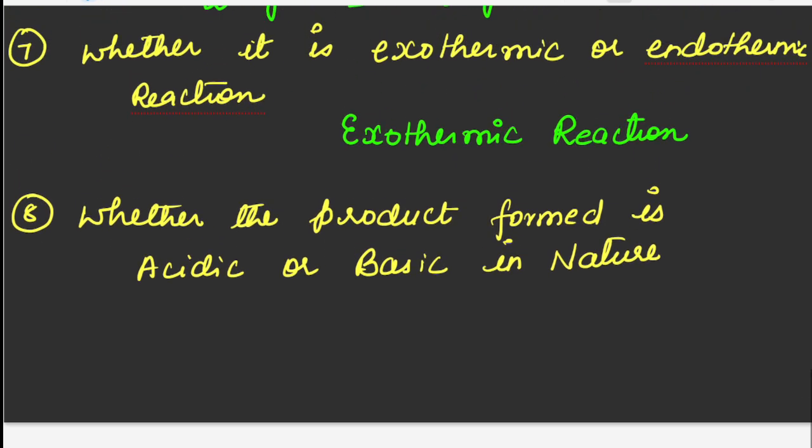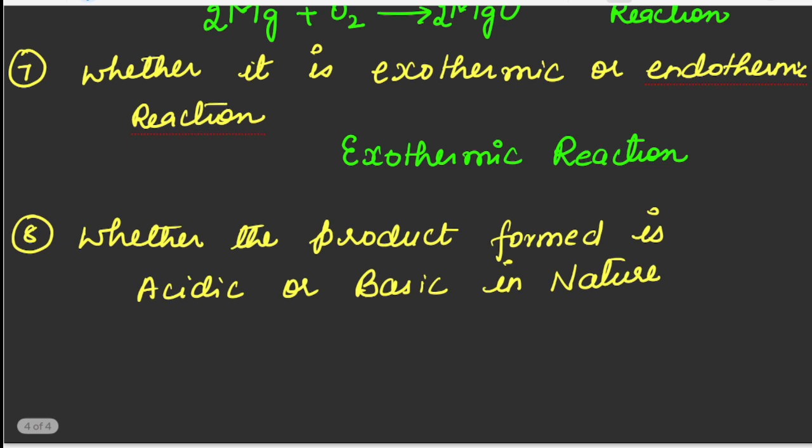Now the last question: whether the product formed is acidic or basic in nature. What is the product formed here? The product formed is magnesium oxide. Whether this is acidic or basic in nature, this is basic in nature. How do we find it is basic? We can do a test with litmus paper.